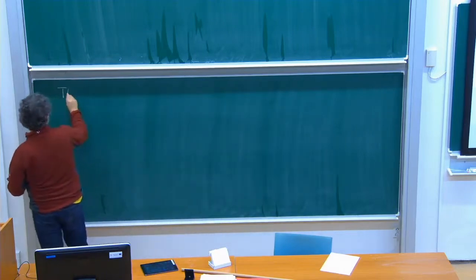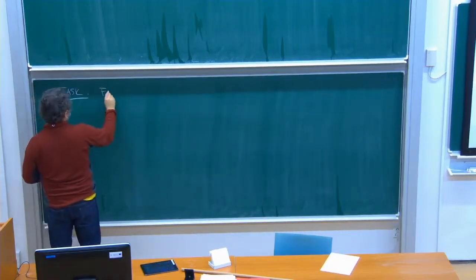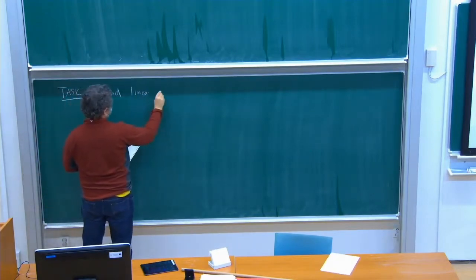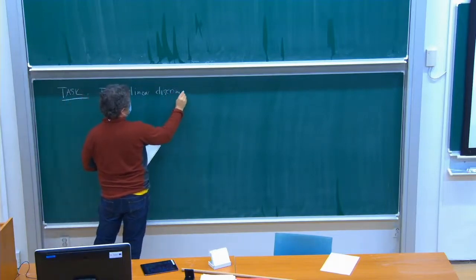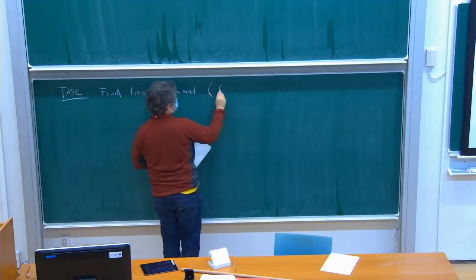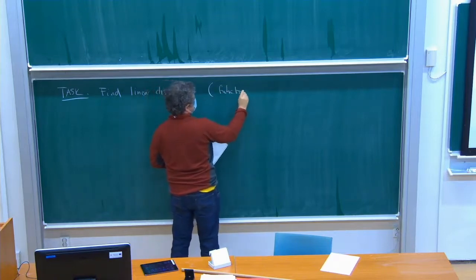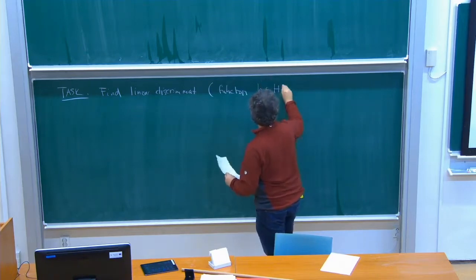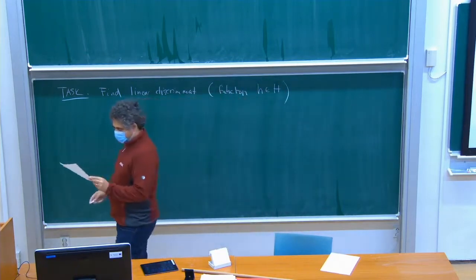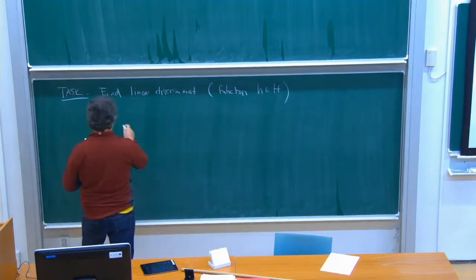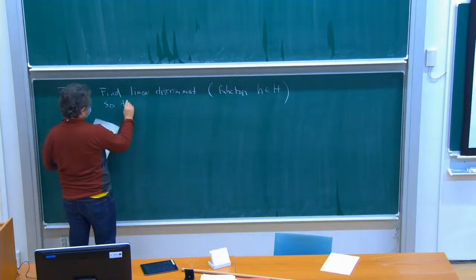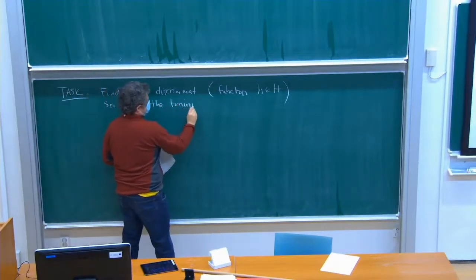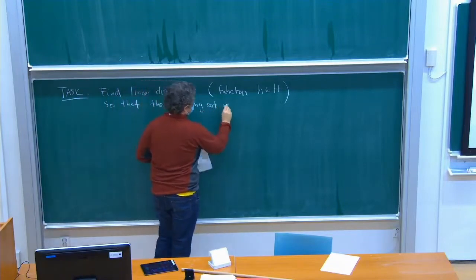So our task is to find a linear discriminant, which is basically the function h from this set of hypotheses, so that the training set is classified.